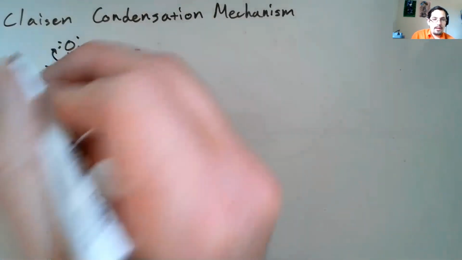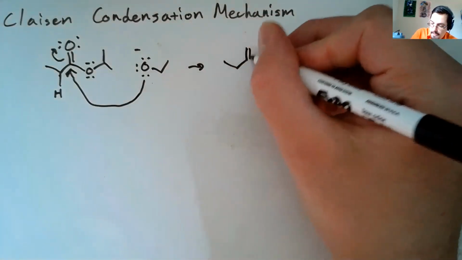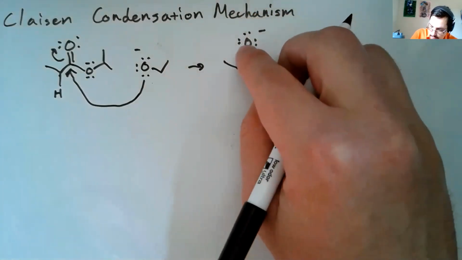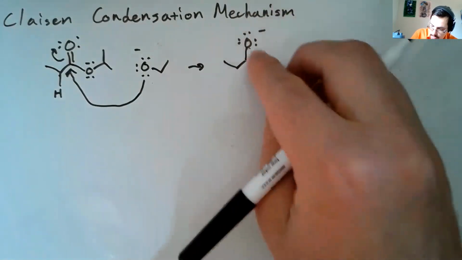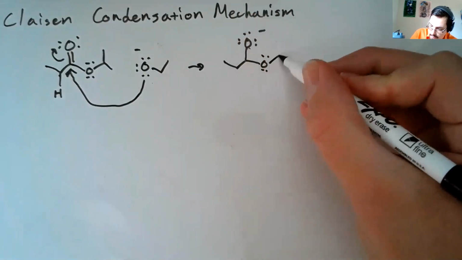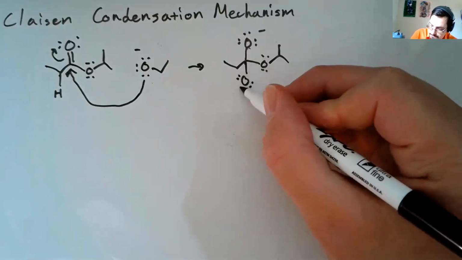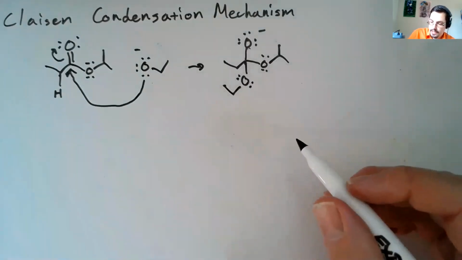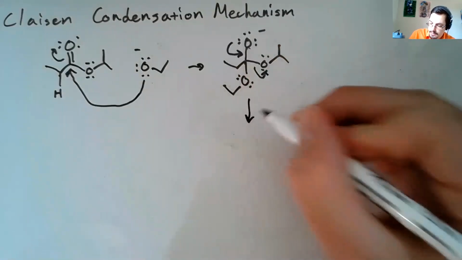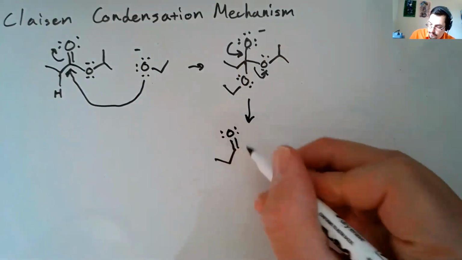We'll attack, move our electrons out of the way. And we end up with our tetrahedral intermediate, which can now eliminate the leaving group and produce a different ester than our starting ester.